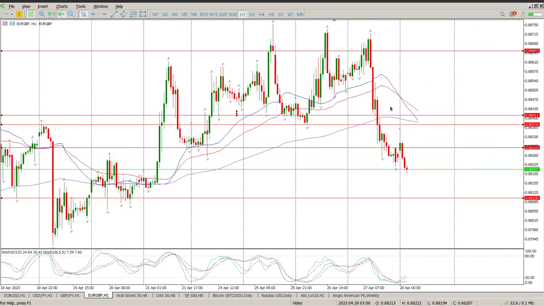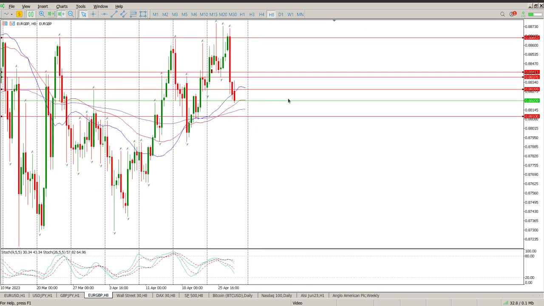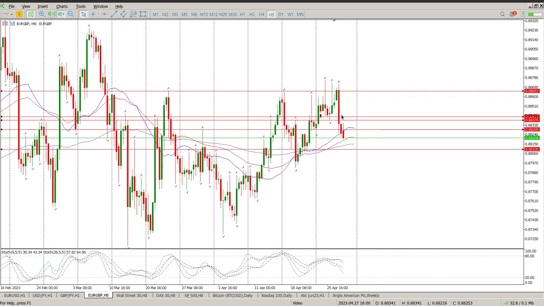Just wait for this area here, because you can see how strong that is. Even if you come back to the 8-hour, you'll see that zone. Look at all these tails that are in that area. So that's definitely the area I want to be shorting off. And in fact, we can just refer to this as a double top.